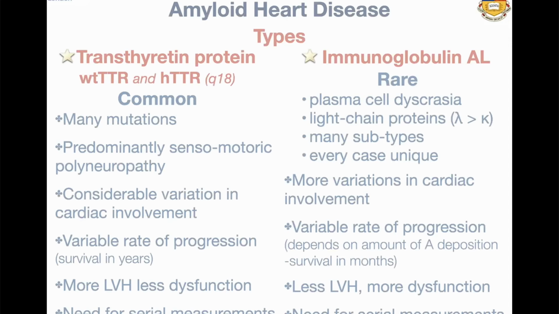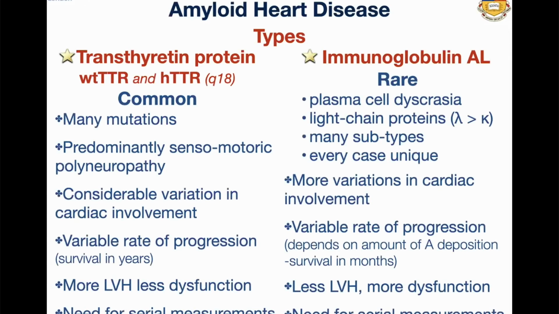Now, the two types of amyloid heart disease, you know them. It is transthyretin protein with two subtypes, wild type and the hereditary form. The transthyretin protein today is by far the commonest. There are many mutations in the hereditary form that may be in different parts of the world.